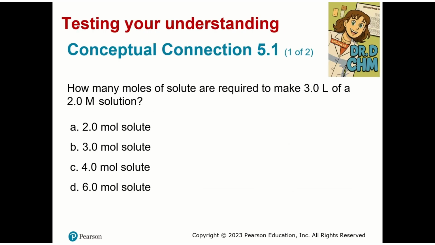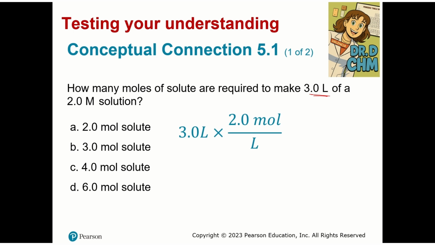Let's test your understanding. Here it asks how many moles of solute are required to make 3 liters of a 2 molar solution. We have the volume, so that means 3 liters over here, right? Let me erase this because I already have the math for you in a way that you will understand better than my own handwriting. So here I have 3 liters.